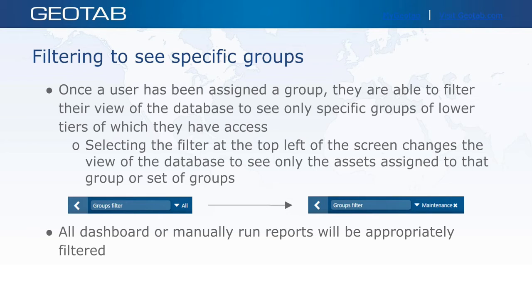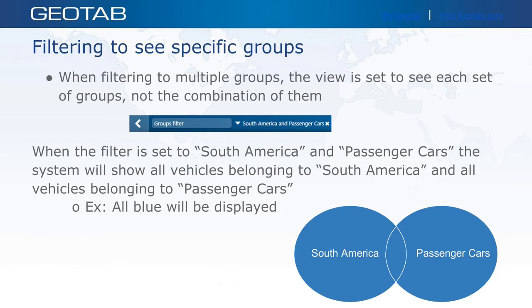I want to talk more about the filtering and the gotchas. This is the difference with our reporting. When you're filtering to multiple groups, let's say we've got South America group and passenger cars, and someone goes up in the groups filter and chooses South America and passenger cars, and if they go into the vehicles list, they're hoping to see a list of vehicles that are in the passenger group under South America.